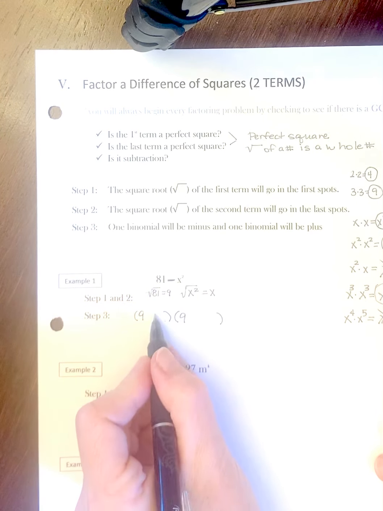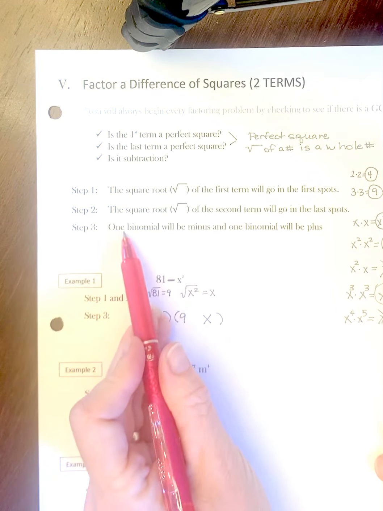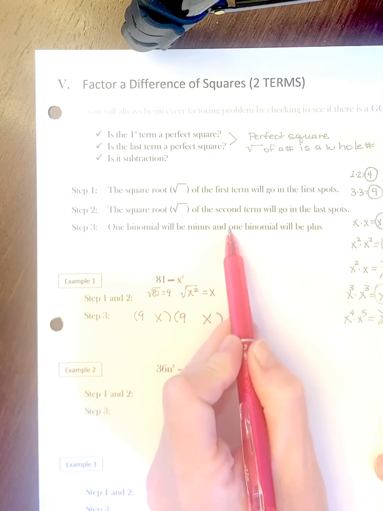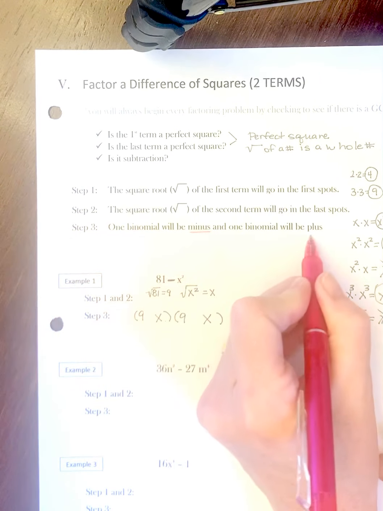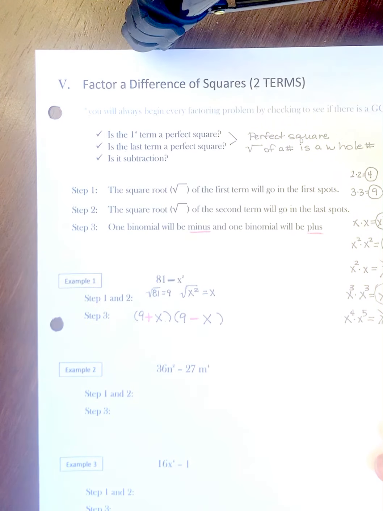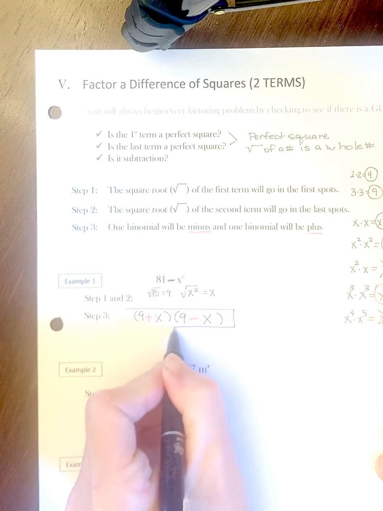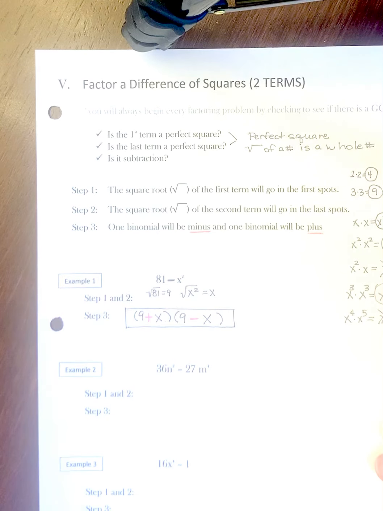The square root of x squared is x. That goes in the last spot. Okay? And then one binomial will be minus and one binomial will be plus. So we make one a minus and one a plus. And that is the simple way of factoring a difference of squares.